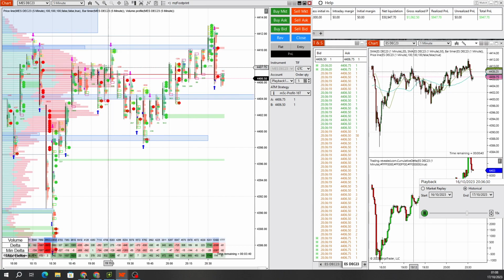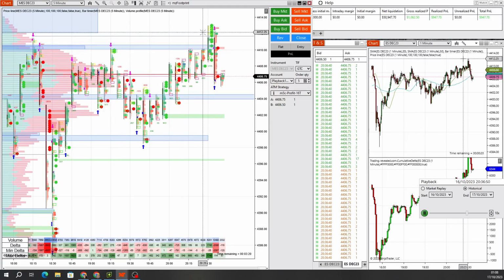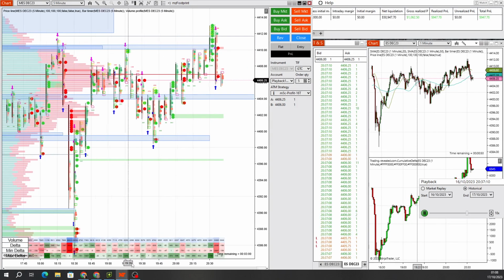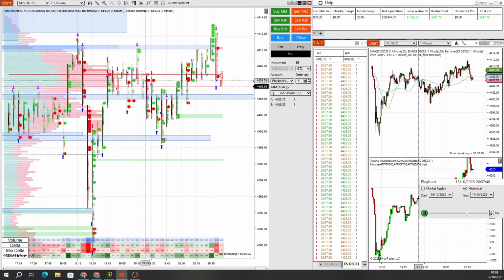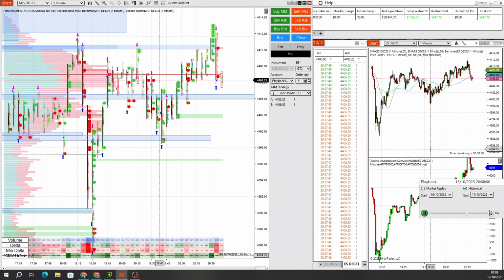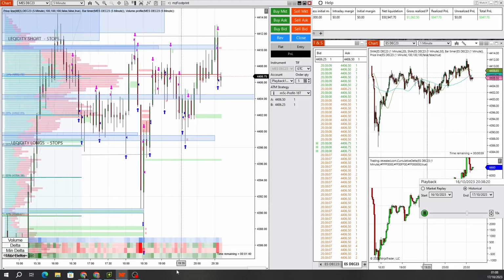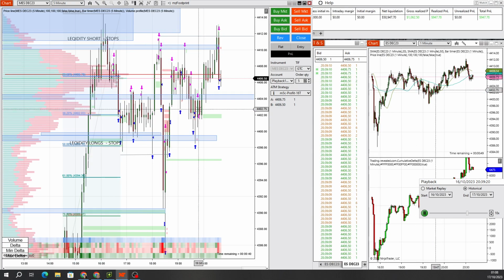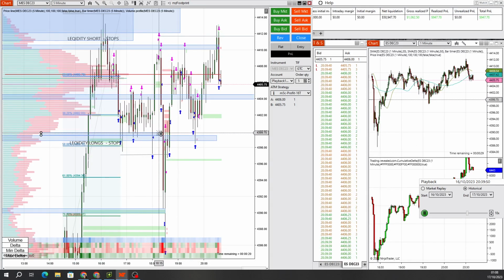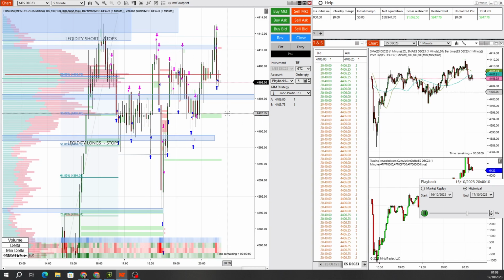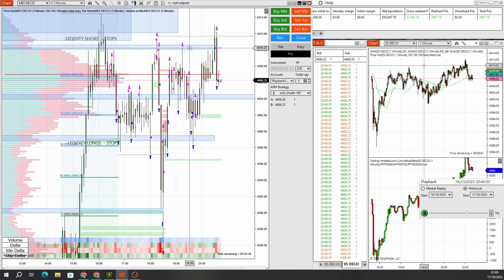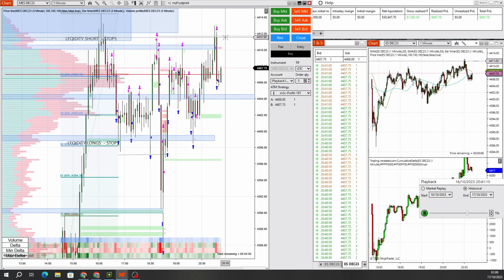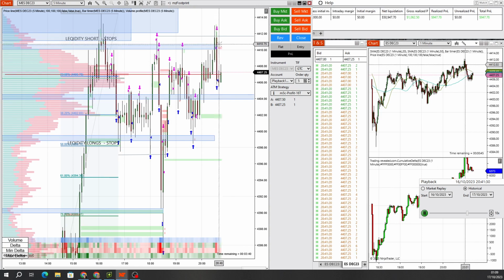So basically every single time, during a ranging day, when they sell, you basically short. They need to push into stop loss. Yeah. So yeah, eventually the liquidity is here.